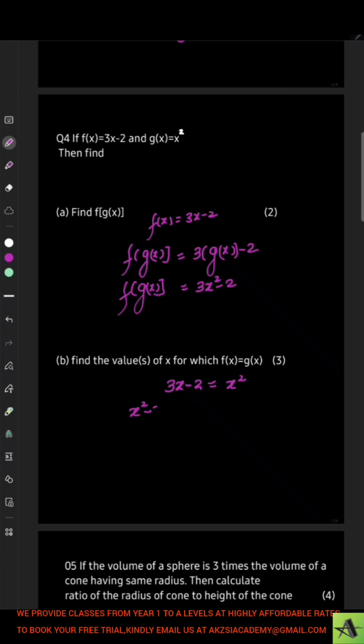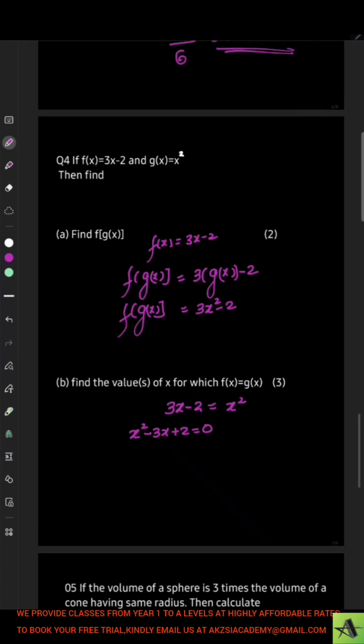So x squared minus 3x plus 2 equals 0. Simple, you can do it with factorization. I can see the product should be 2 and the sum should be minus 3. The two numbers are minus 2 and minus 1. So x minus 2 times x minus 1 equals 0, and we got two values, x1 as 2 and x2 as 1.